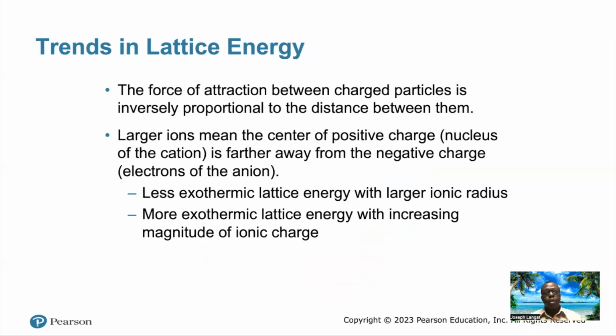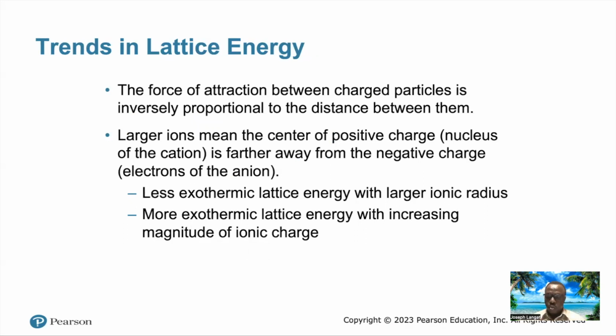Just like atomic radius and ionization energy, the trend on the periodic table: the force of attraction between charged particles is inversely proportional to the distance between them. Larger ions means the center of positive charge, the nucleus of the cation, is far away.